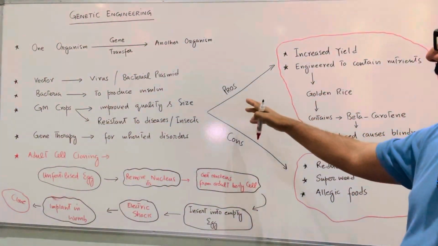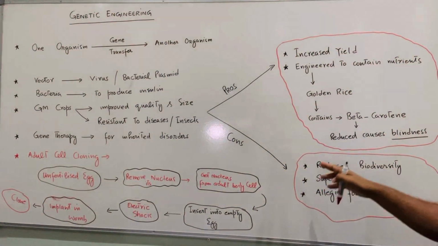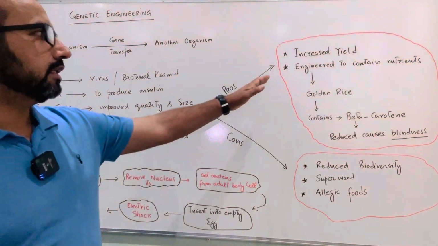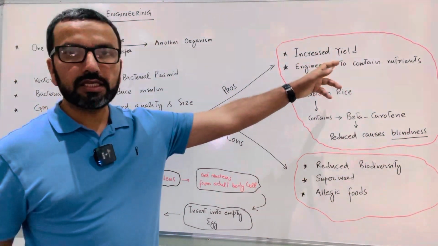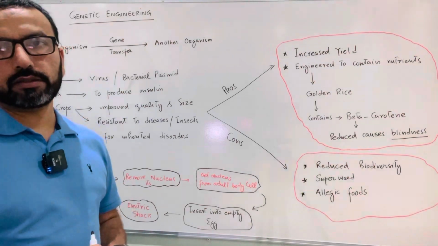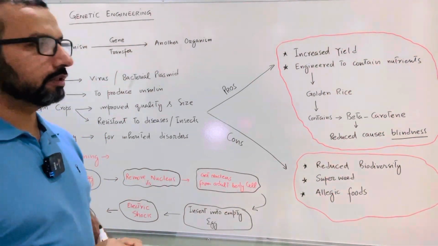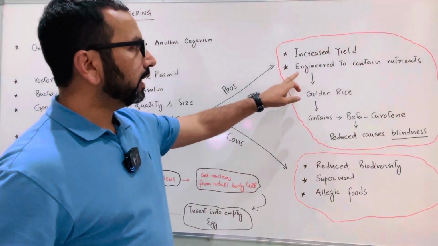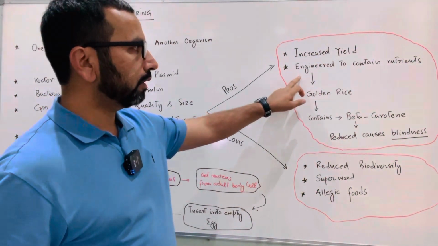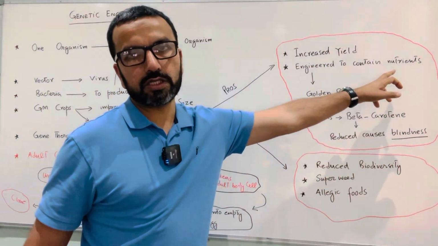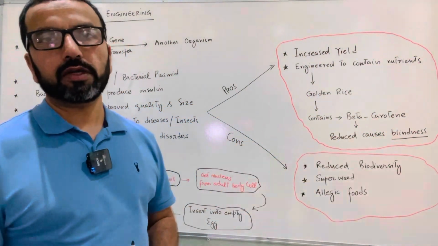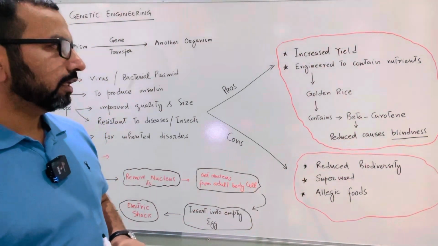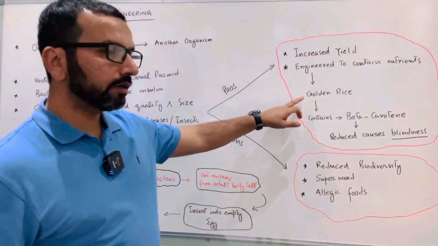So, these are the advantages and some disadvantages of genetic engineering. What are the advantages? We can have increased yield, we can have better quantity of the crop, and we can have an engineered crop to contain some nutrients which normally are missing from the food of any segment of population. There is an example of golden rice.